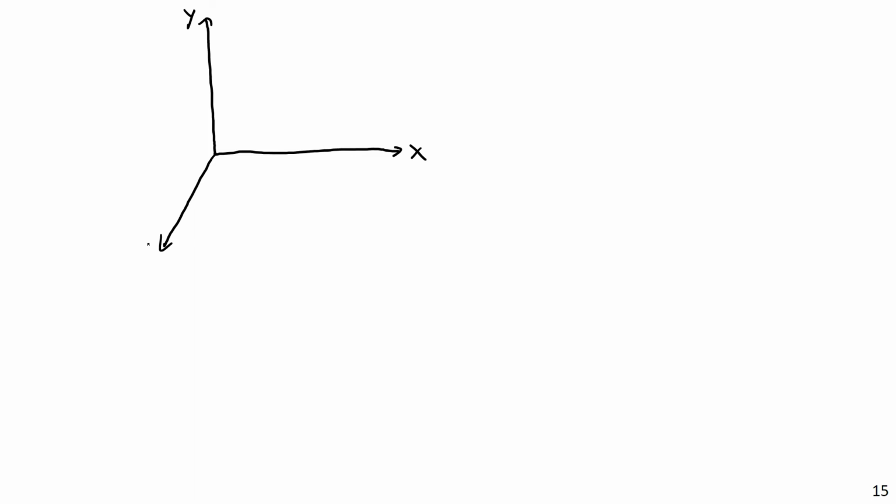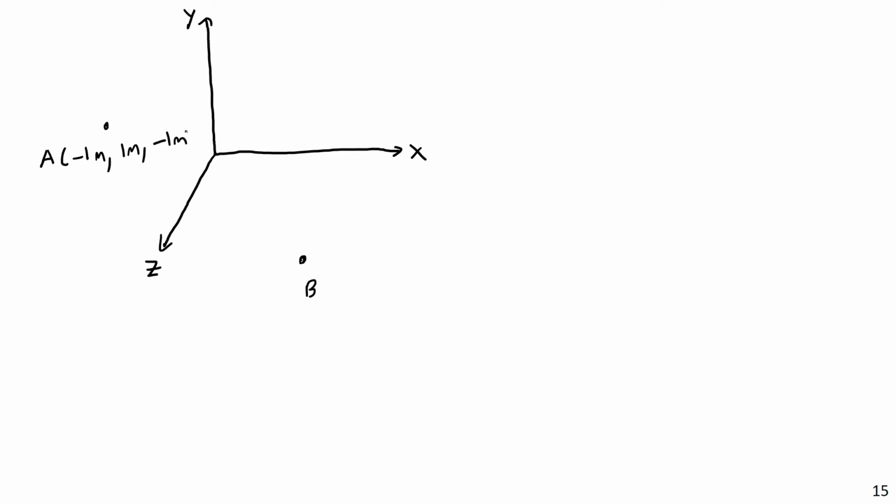Okay, so we have our X, Y, and Z axes, and let's say we have points A and B. Let's make this a little bit interesting. Let's say point A has coordinates -1 meter in the x, 1 meter in the y, and -1 meter in the z.